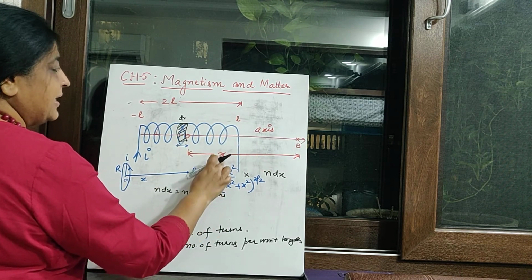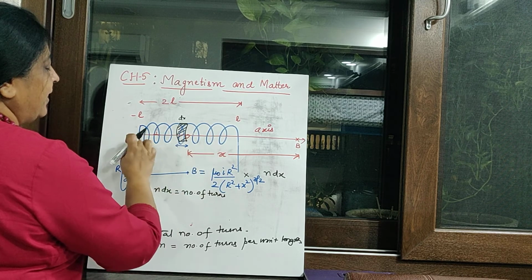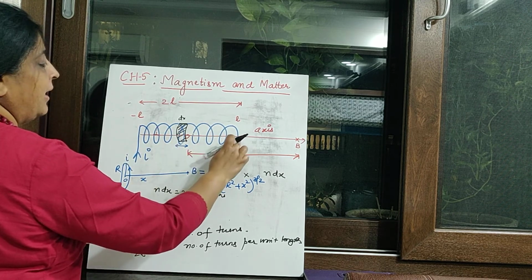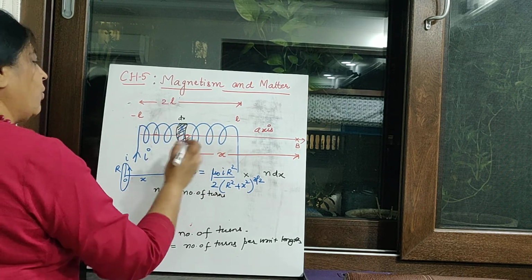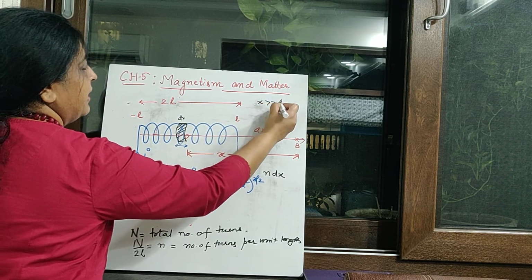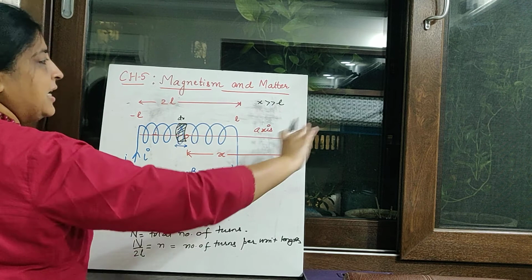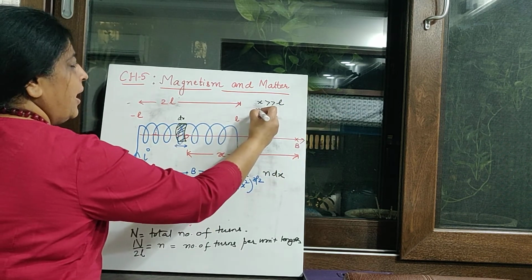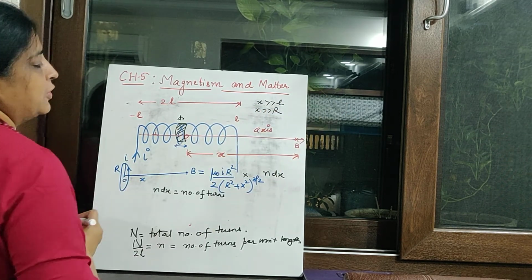Now, this is the field produced by this small portion, and we have already taken that x is much greater than the length of the solenoid. You also have to assume that x is much greater than the length of the solenoid because we are dealing with a far off point. Also x is much greater than the radius of the solenoid.